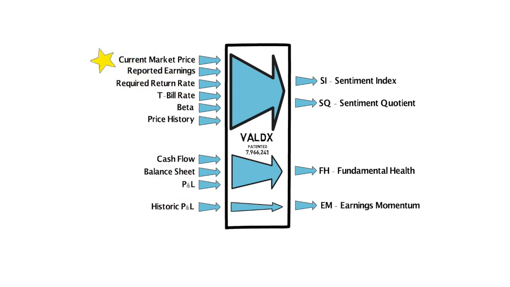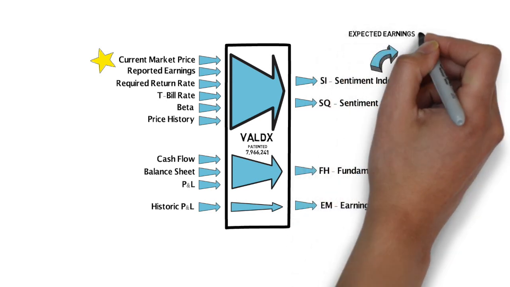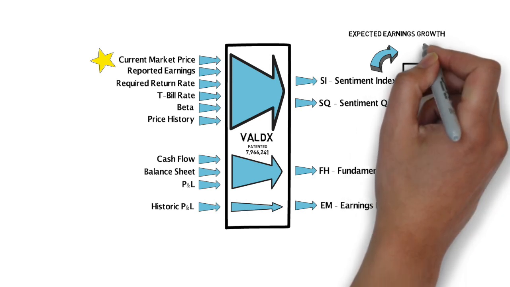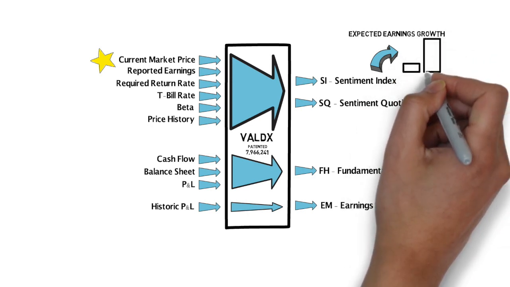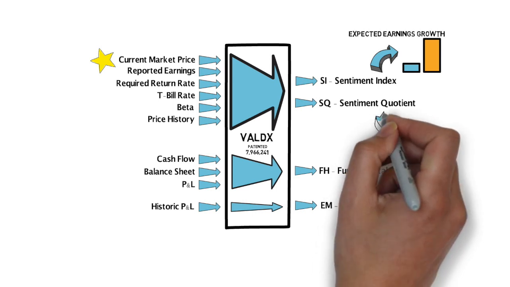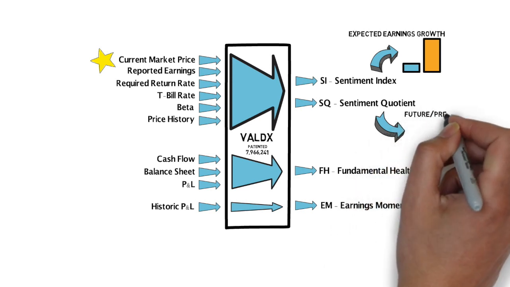The best measure of investor sentiment is the price paid for a stock. Implicit in that price is a forecast of future operating performance or earnings. SI is used to project expected earnings growth. For example, an SI of 4 means that the company's stock price reflects an expectation that earnings are expected to quadruple. SQ quantifies the portion of the stock price that can be attributed to future earnings growth.